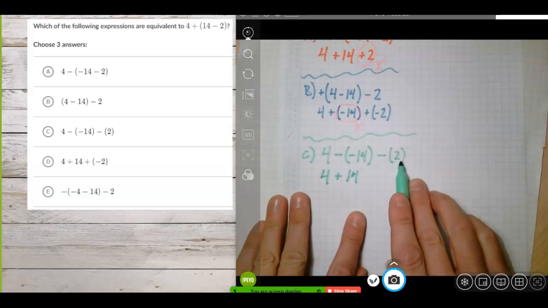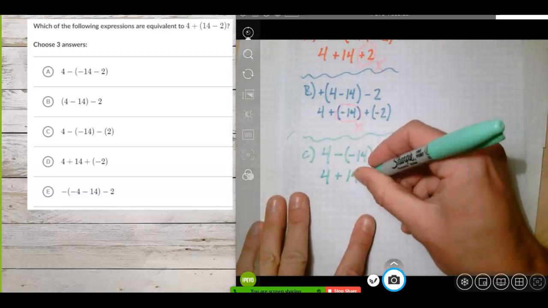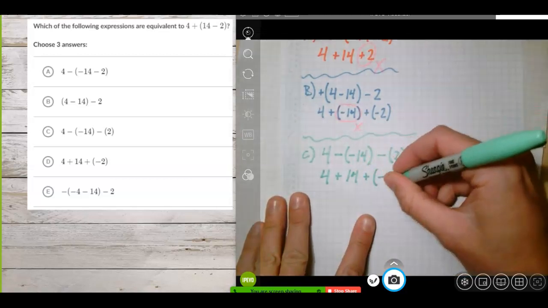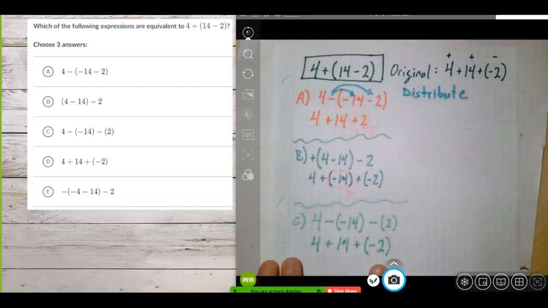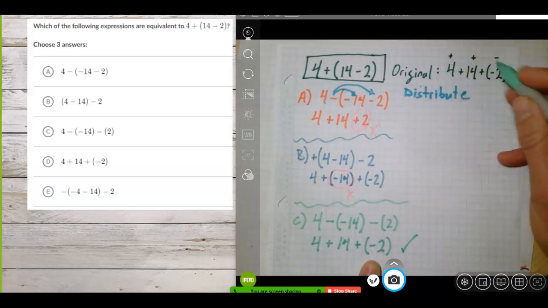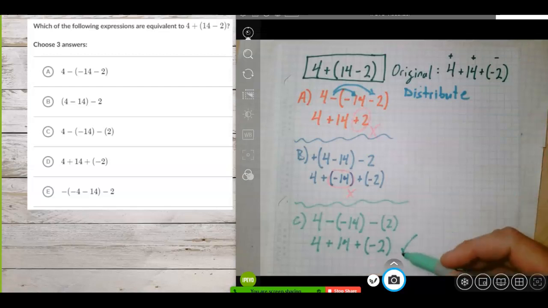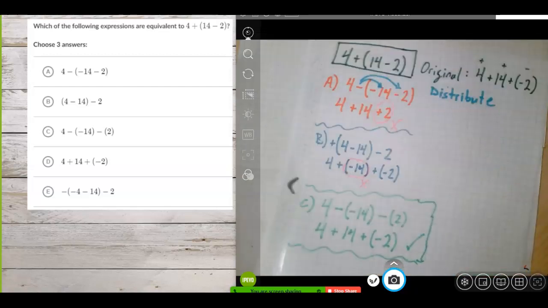It's not wrong. There's just no reason to do that. So instead of subtraction, we're going to say plus the negative 2, and we're going to give a reason for those parentheses to be there. Wait, we got it. We got a positive 4, we got a positive 14, and we got a negative 2. This one checks out. It is equal to our original expression. Any questions on how C is equal to the original expression? C is the first one that we really like.